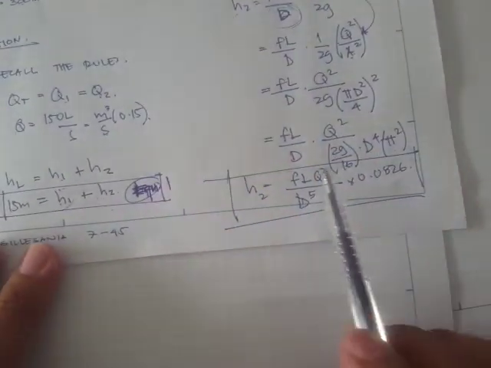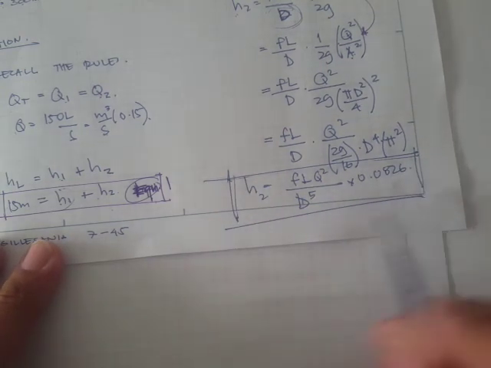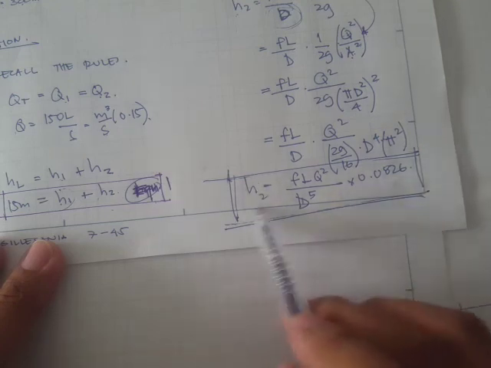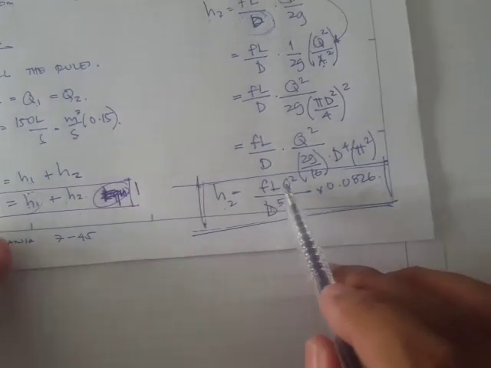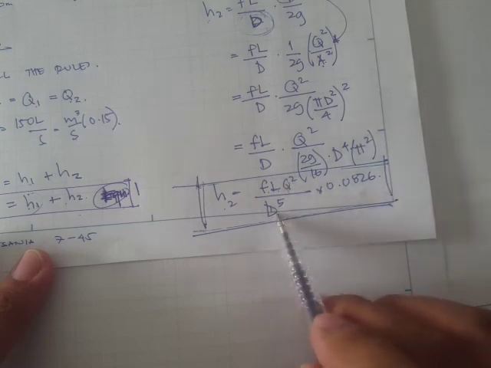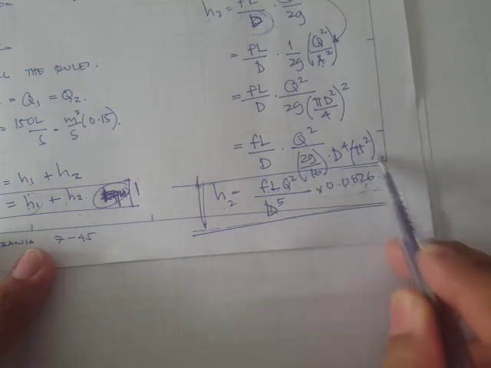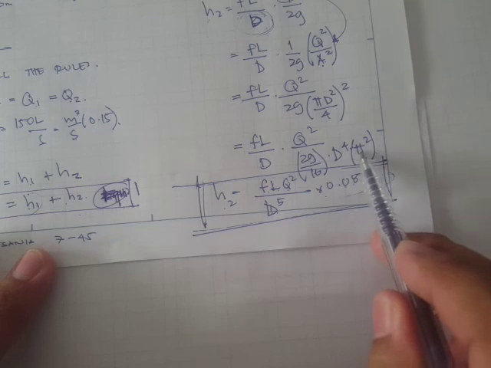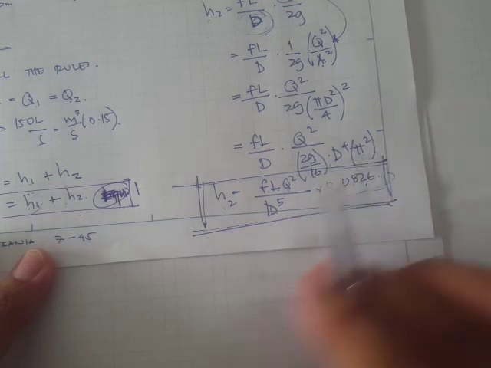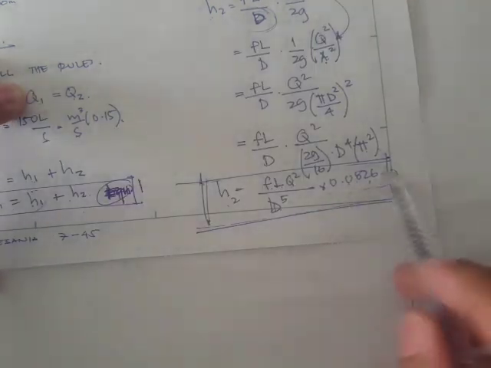So we obtained this expression that the head loss is simply the friction factor times the length times the square of the flow rate divided by the fifth power of the diameter, times this constant 0.0826, which is simply the product of 2g times pi squared divided by 16, and we take the reciprocal and obtain this 0.0826.